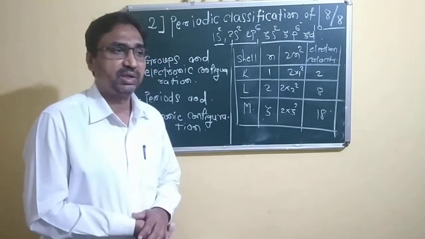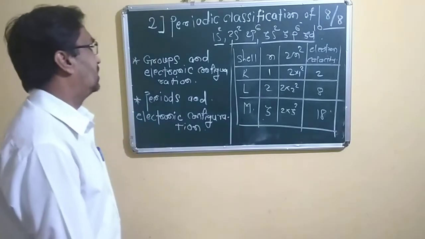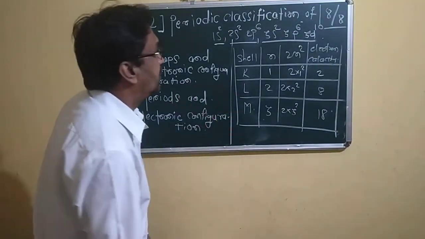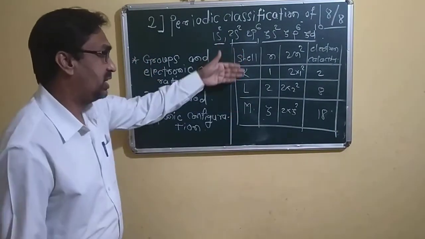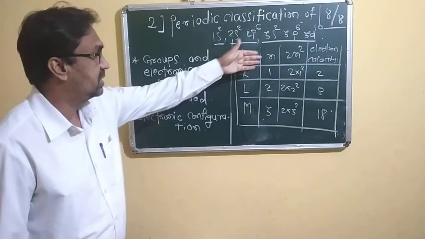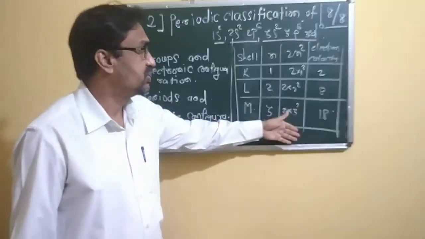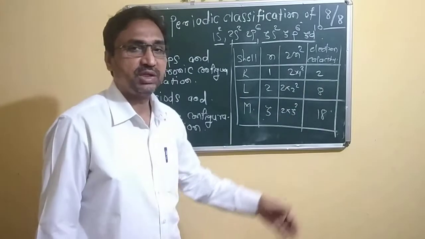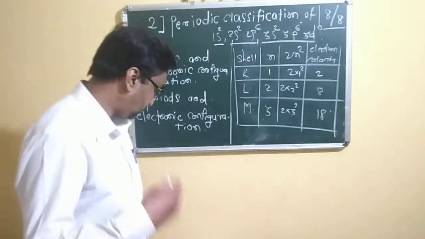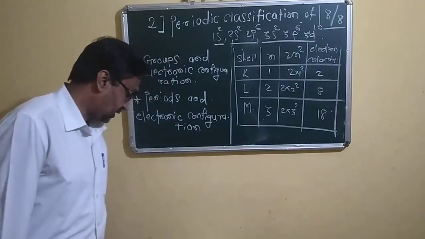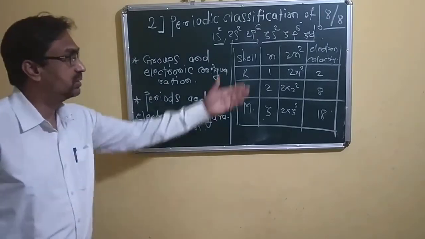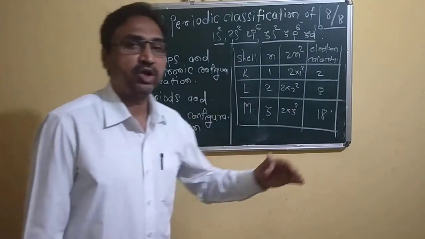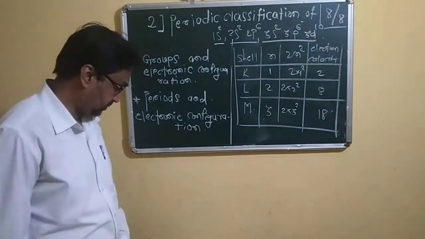So in this way this study goes, and here we can easily see the shell number, shell name, and electron capacity by using the formula. Electron capacity is how many electrons are accumulated in that particular shell.